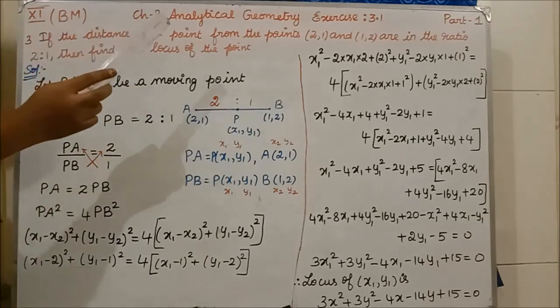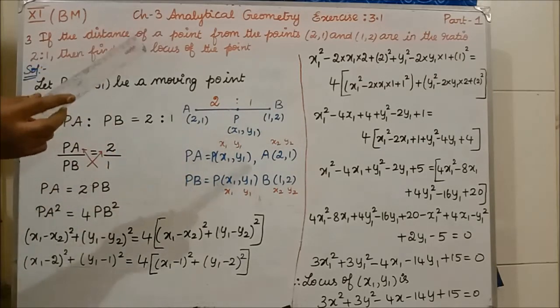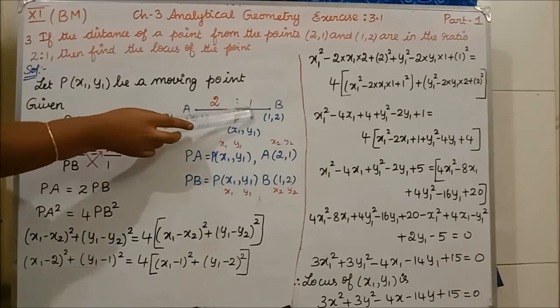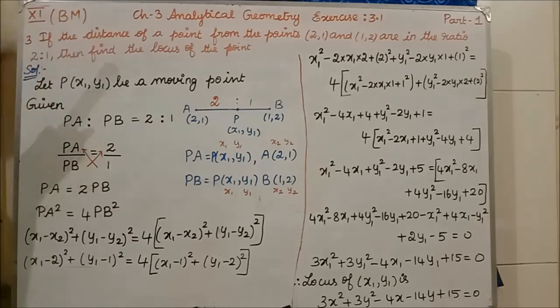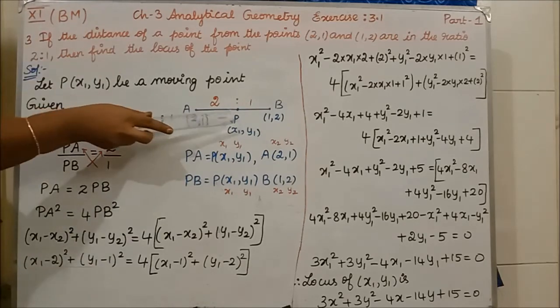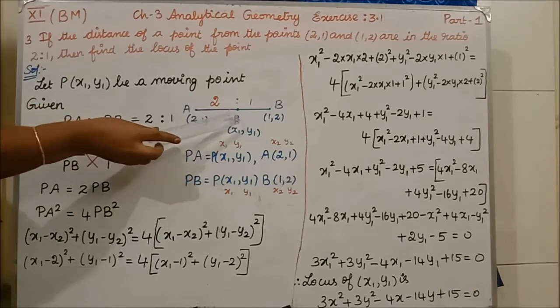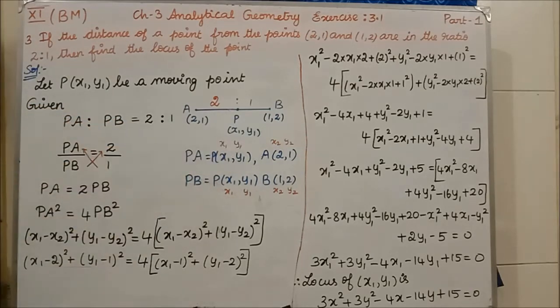They have given the ratio 2:1. We have to find the locus of the point. Locus means this moving point we have to find. So this is P (x1, y1).